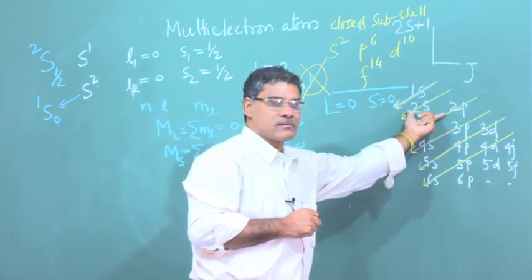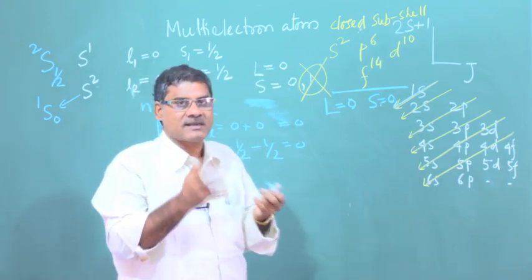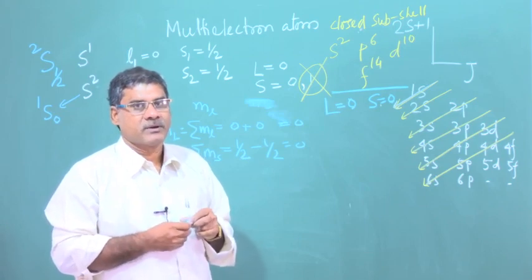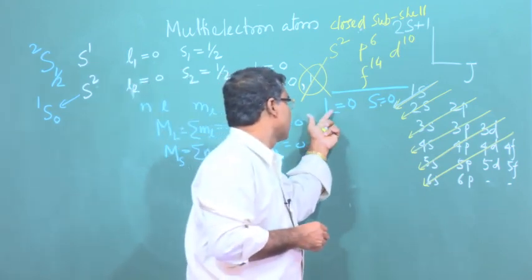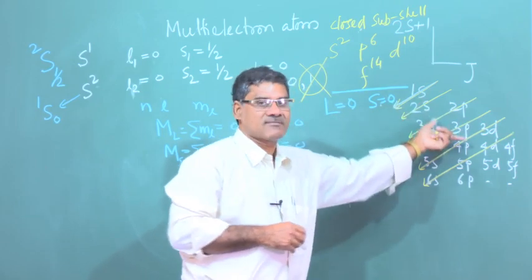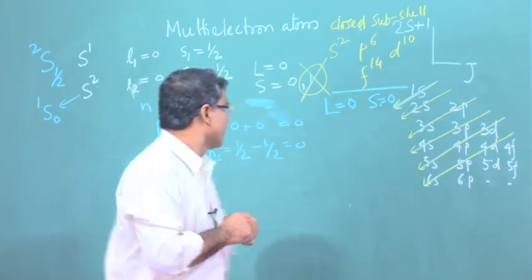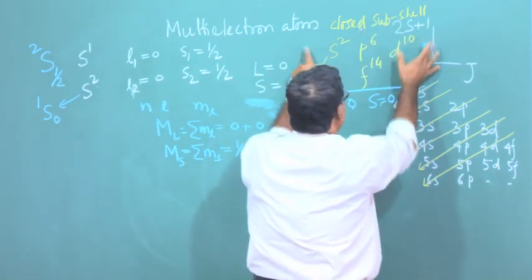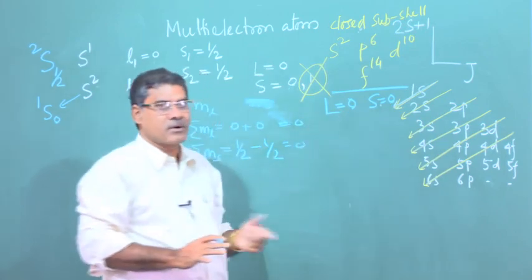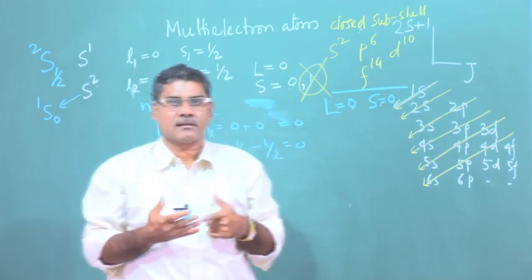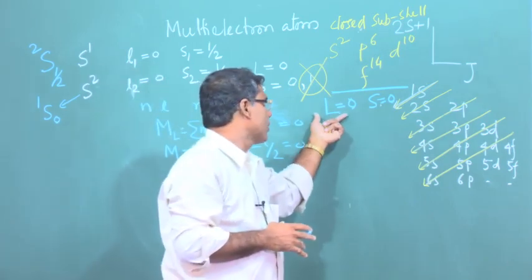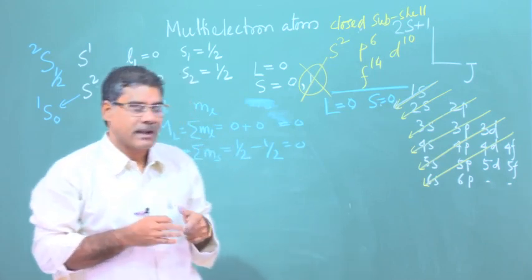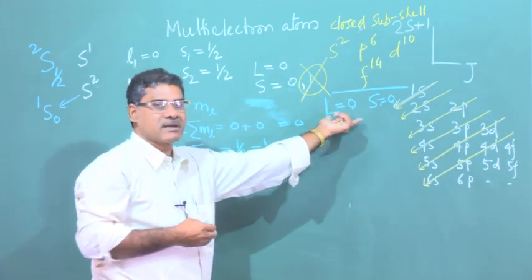For neon it is a closed shell. So, if the subshells are 0, L is 0. So, for a closed shell it will obviously be 0, because if you take the vector sum of all these subshells, it will give 0. So, the observation is that for closed subshells or a closed shell, the orbital angular momentum and spin angular momentum are 0.